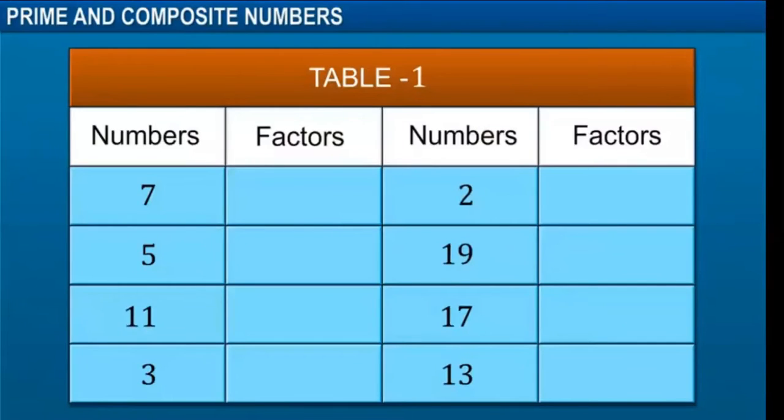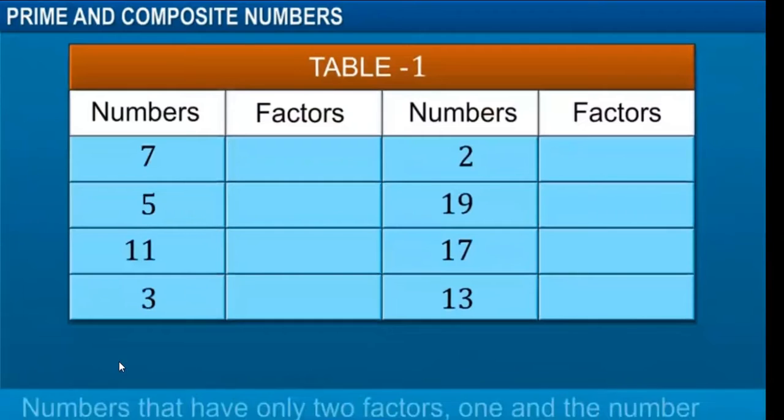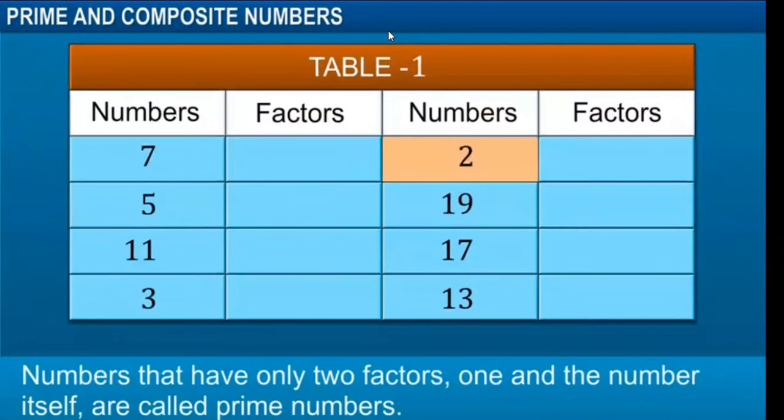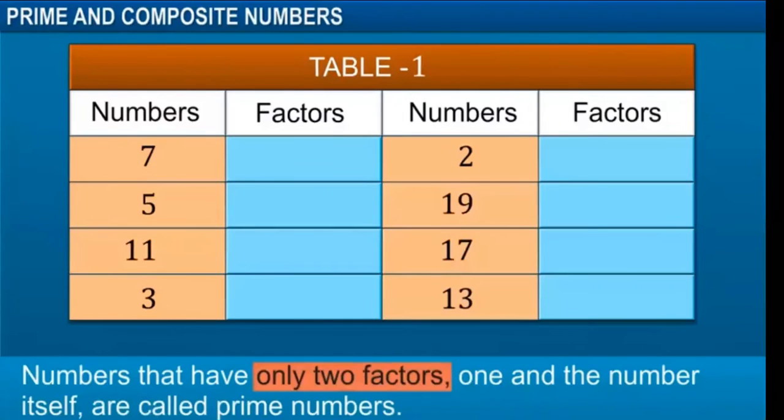Numbers, along with their factors, are shown as numbers like 2, 3, 5, 7, 11, 19, and so on have only two factors, 1 and the number itself.